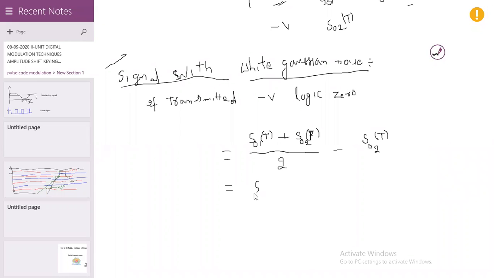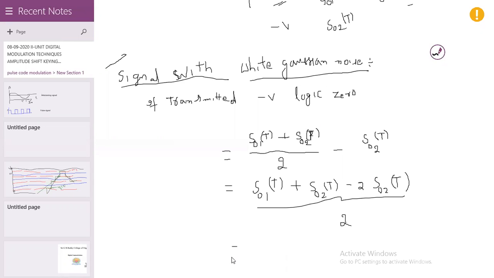So S naught 1 of t plus S naught 2 of t minus 2 into S naught 2 of t, the whole divided by 2.